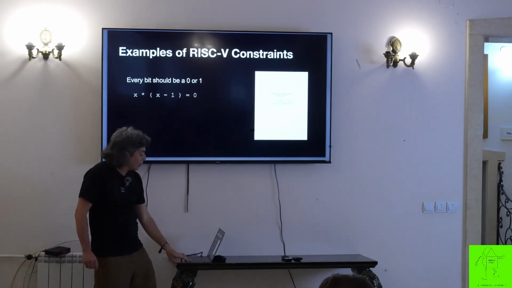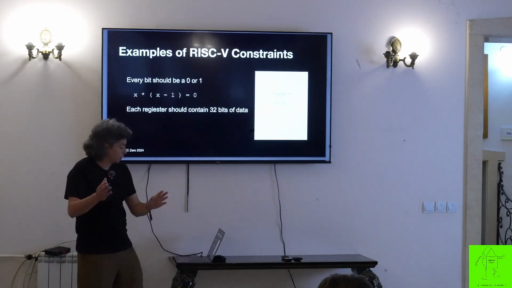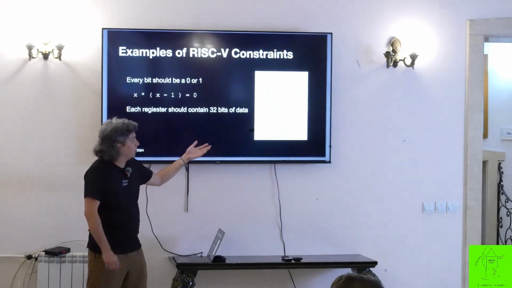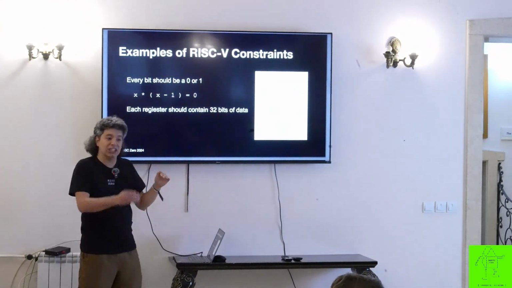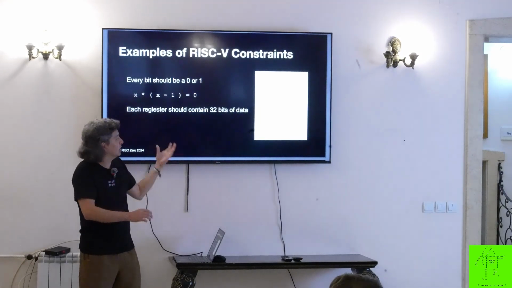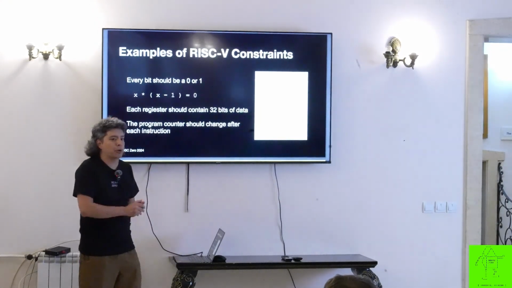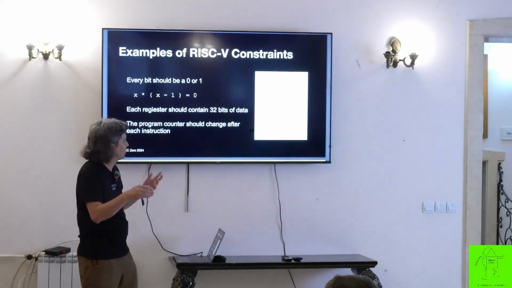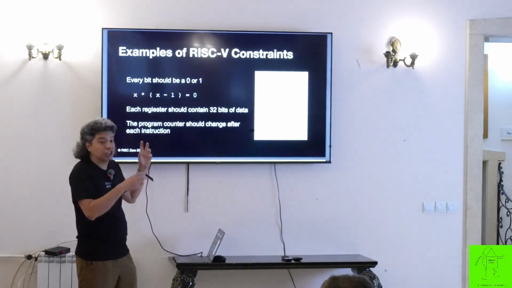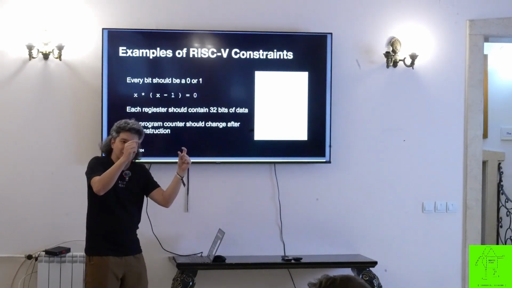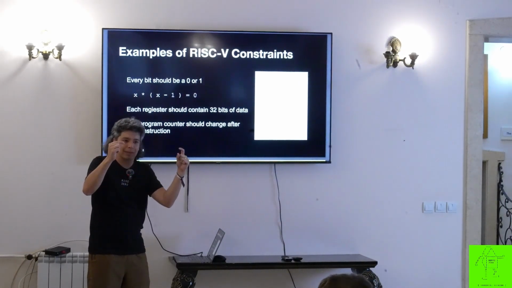But yeah, another constraint would be that each register should contain 32 bits of data. So basically the process is, you have to go through the specification and then encode all of these into mathematical expressions. Another one is that the program counter should change after each instruction. So it'll say, after I'm done with the instruction, I need to increment the program counter.